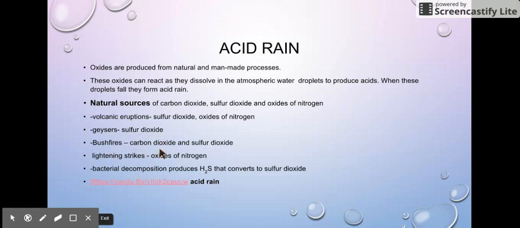Bushfires release a lot of carbon dioxide and sulfur dioxide, and lightning provides a massive amount of energy so that the N2 and the O2 in the atmosphere, which would not normally react, actually go through reactions and produce nitrogen oxides. There are bacteria that produce a rotten egg smell, which is H2S or hydrogen sulfide, and that reacts to form sulfur dioxide as well.